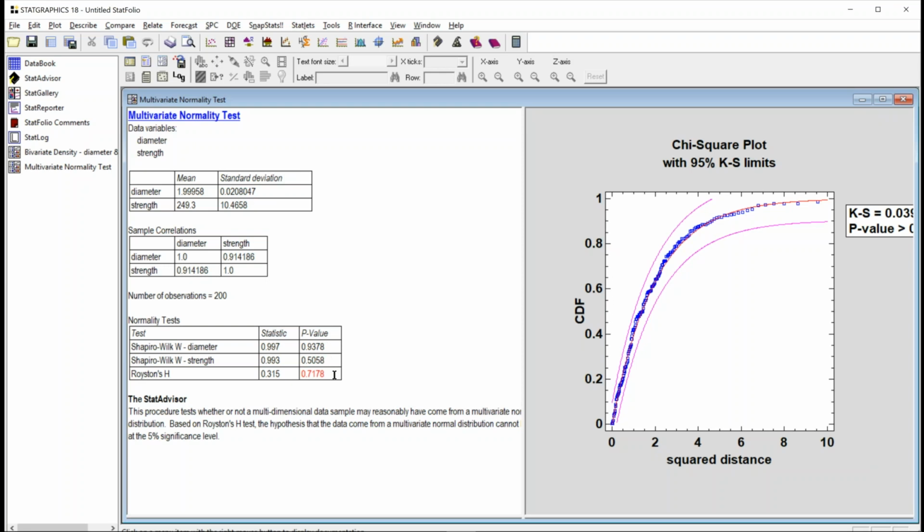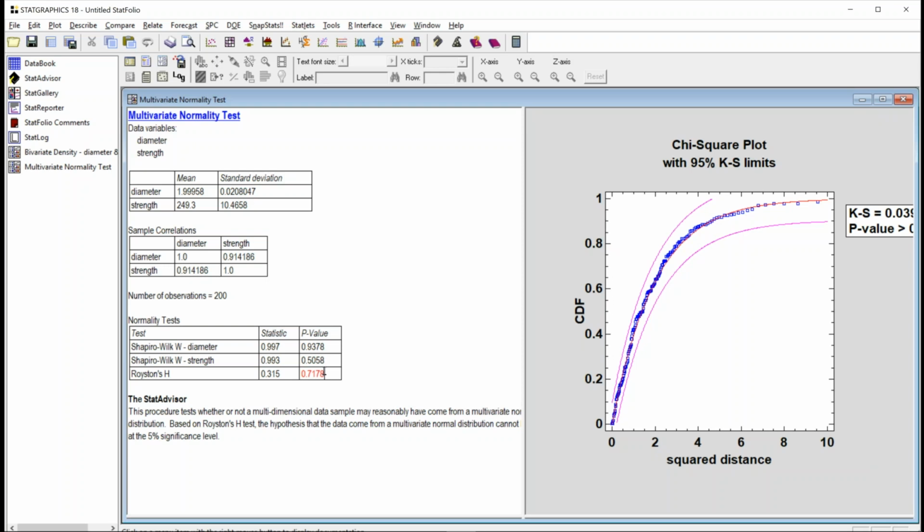Similar thing happens here with Royston's test. If that p-value there is less than 0.05, then I would declare that the data did not follow a normal distribution at the 5% significance level. So basically, I'm going to feel that the multivariate normal distribution is a reasonable model for my data as long as that p-value is above 0.05.